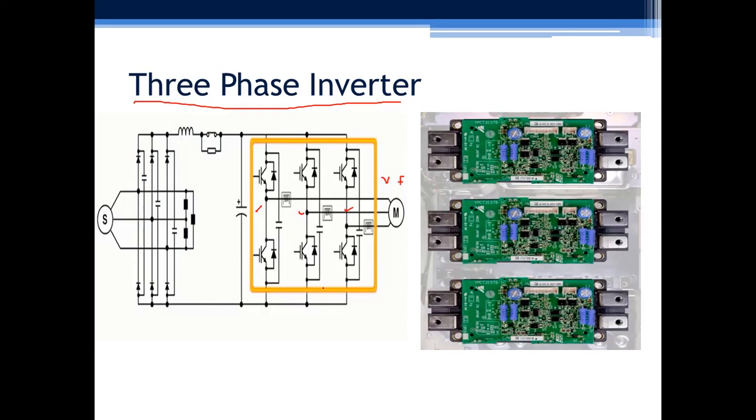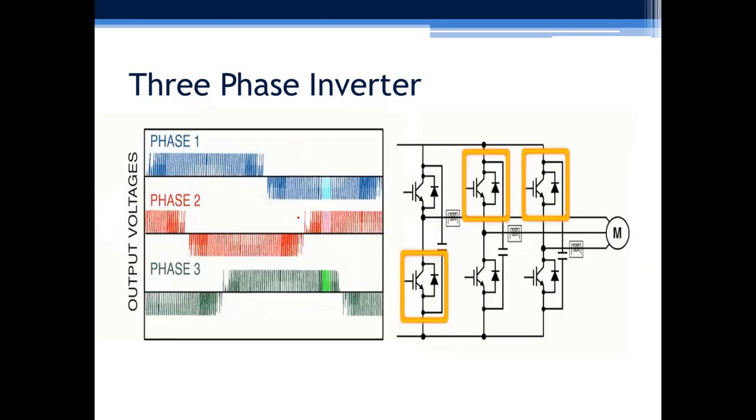Now we will be controlling the conduction of these IGBTs using the control card, which we have seen earlier, and that is setting the required voltage and frequency for your drive application. Now let us see how these IGBTs work to produce the required voltage and frequency. At any given point of time, two devices of the upper leg and one from the lower leg conduct, and here you can see that we are using PWM signals.